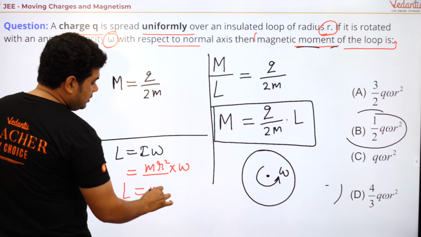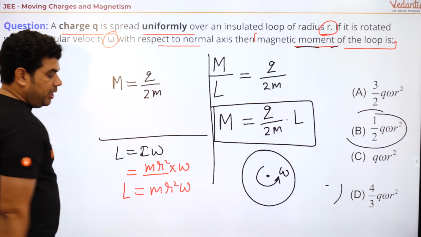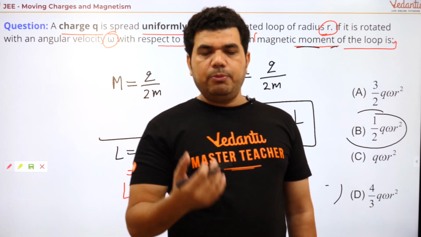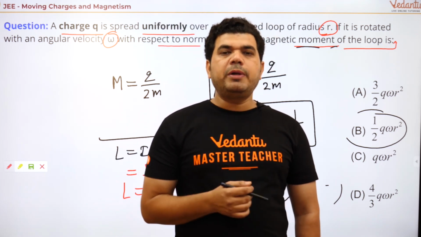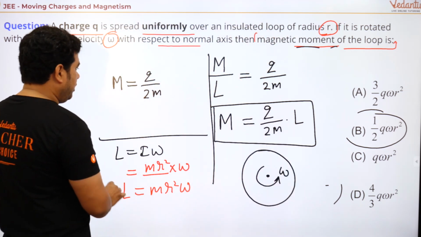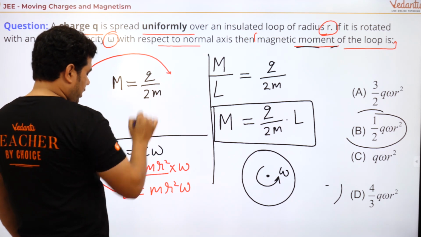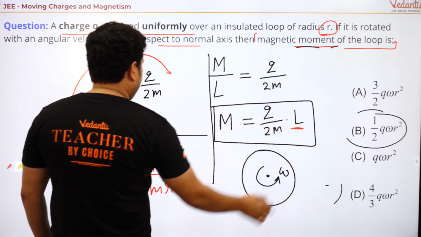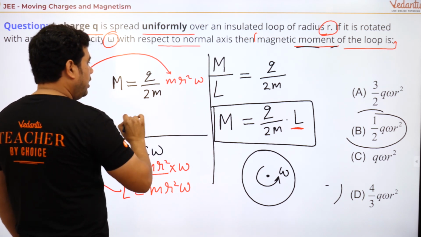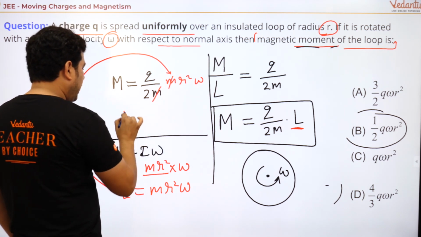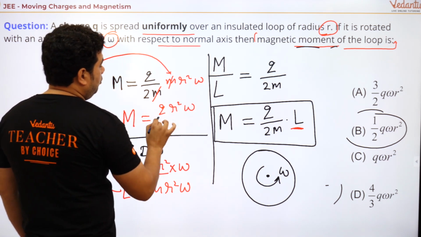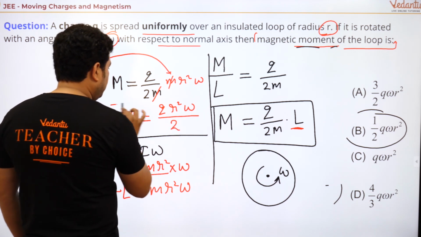So L is m R square omega. अगर डिस्क होती then m R square by 2, और कोई बॉडी होती तो accordingly हम उसका angular momentum ले लेते जिस पॉइंट के about revolve किया जा रहा है. So now if you replace this here in place of L, we have m R square omega, so m will be cancelled out and we have M is equal to Q R square omega divided by 2.